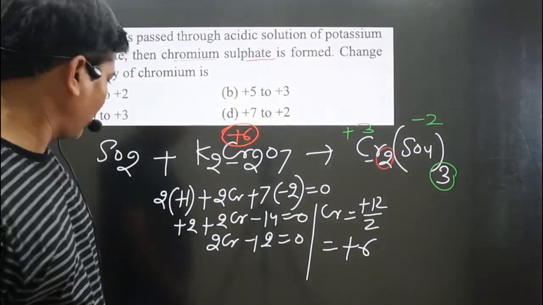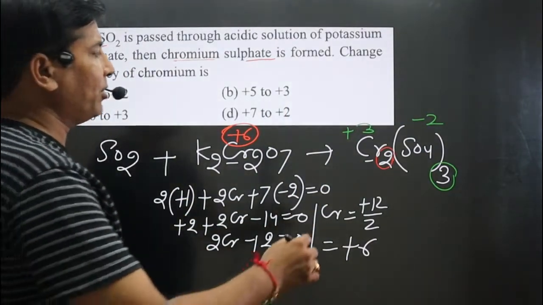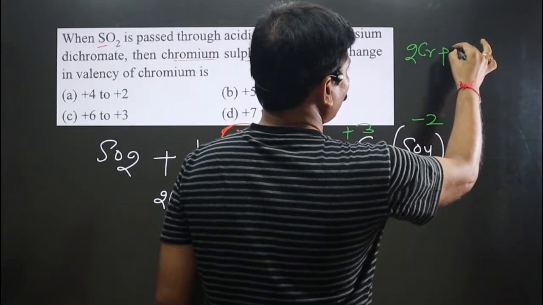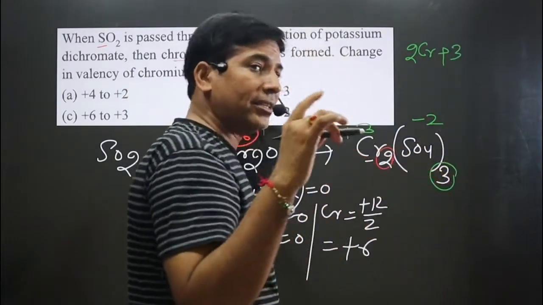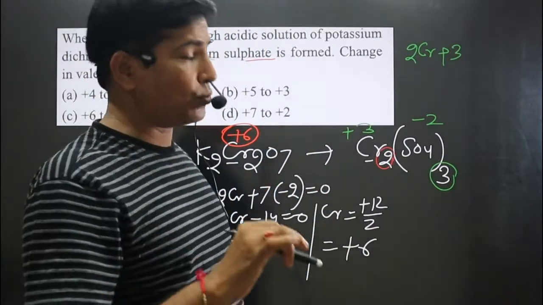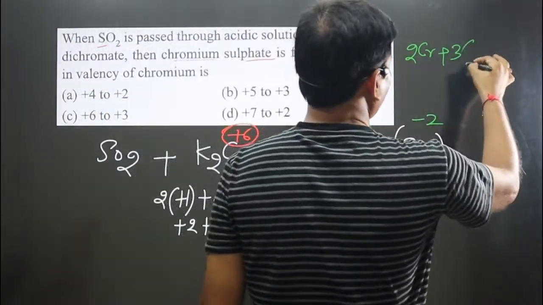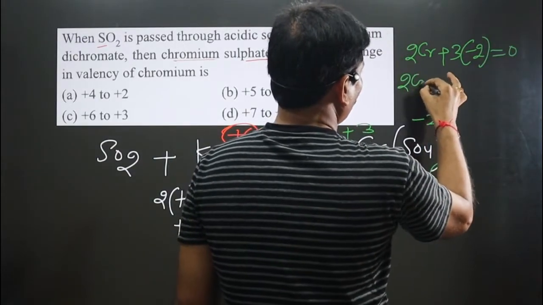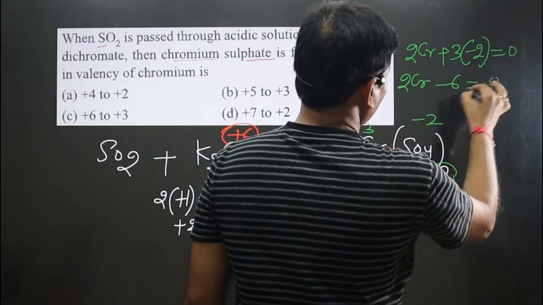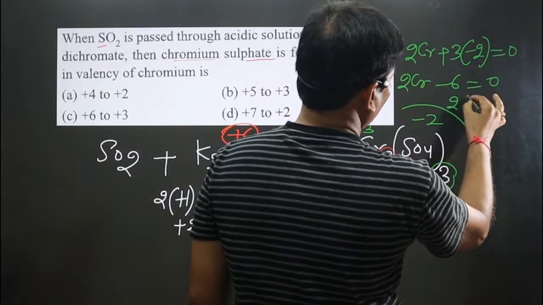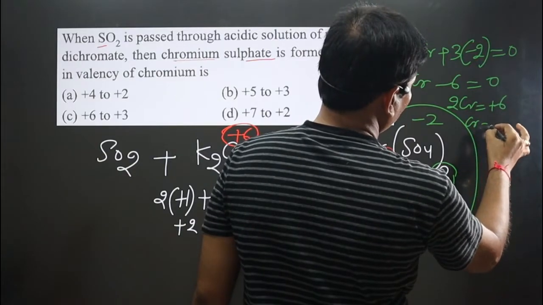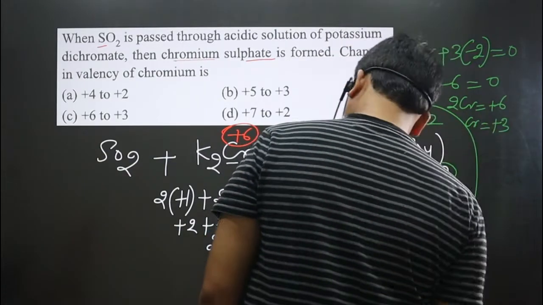If you want to calculate, 2 chromium plus 3 sulfate ions, and the charge of sulfate ion is -2, so 2 chromium minus 6 is equal to 0. Then 2 chromium is equal to +6, so each chromium is +3.